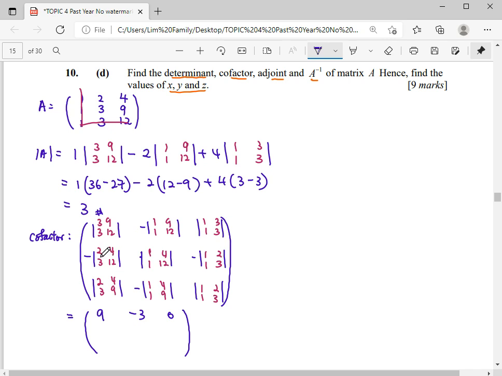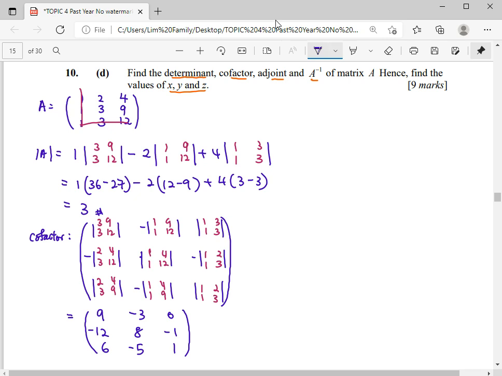Then 2 times 12, 24, minus 12 equals 12, with a negative in front. Here, 12 minus 4 equals 8, positive. Here, 3 minus 2 equals 1, with a negative in front. Continue here: 18 minus 12 is 6. Here, 9 minus 4 is 5, negative. And lastly, 3 minus 2 is 1. So this is our cofactor.